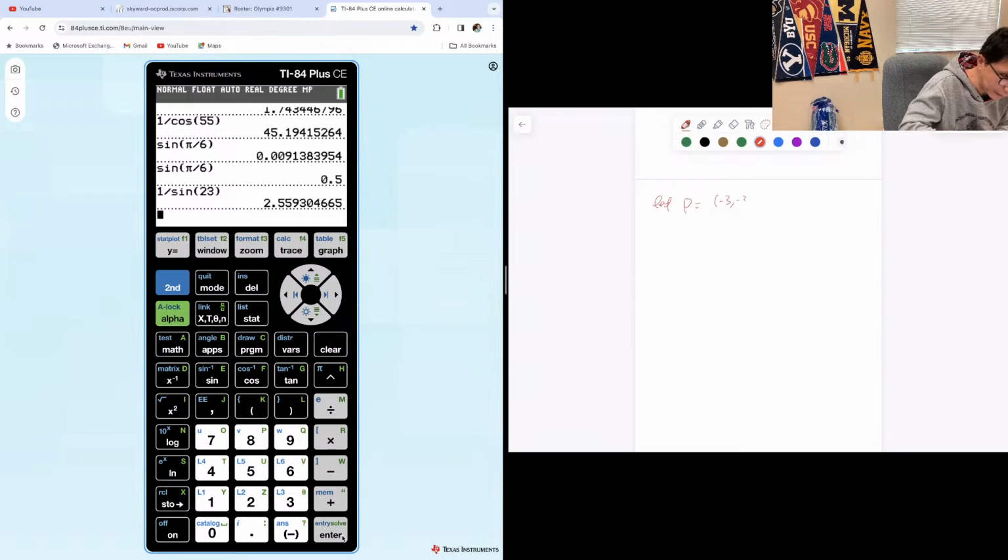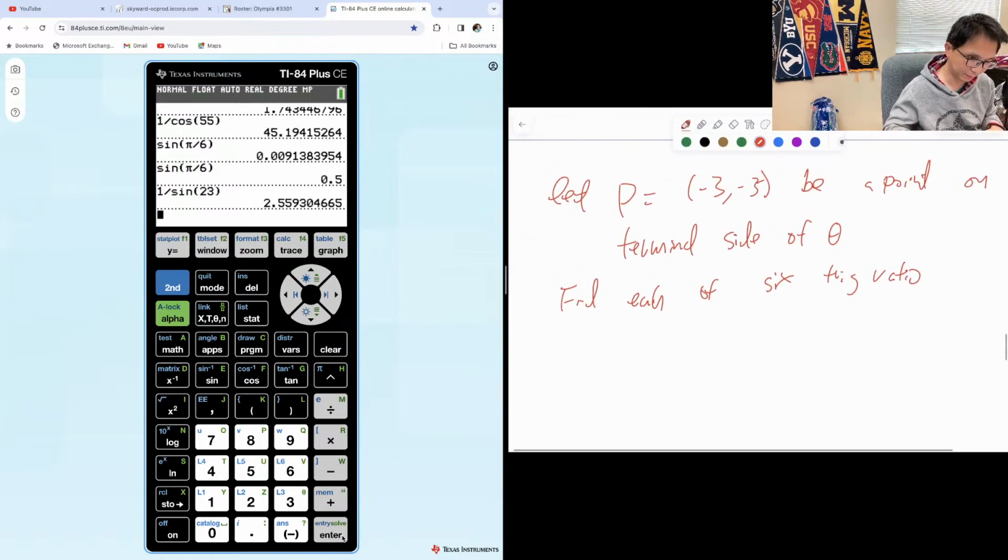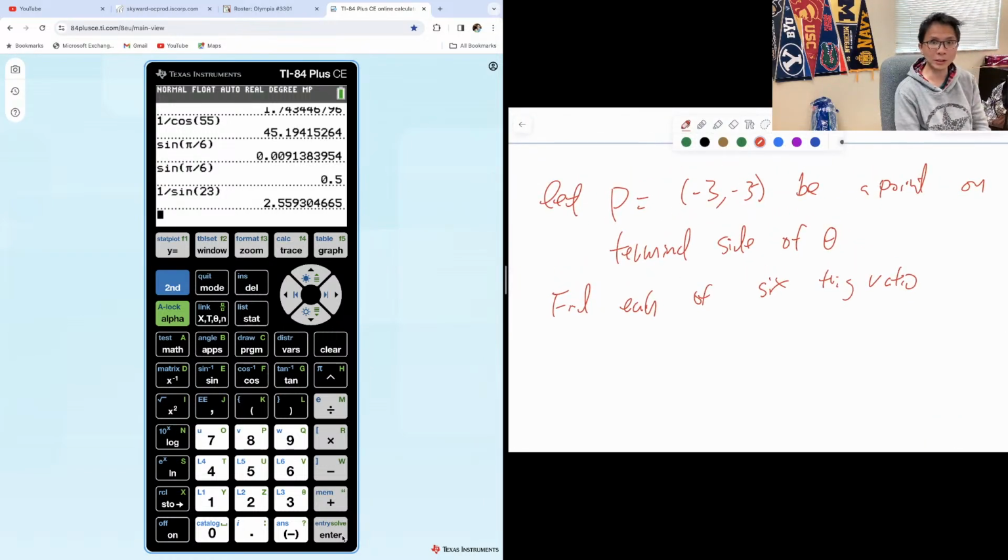Sorry, -3, -5, be a point on the terminal side of theta. Find each of the 6 trig ratios.